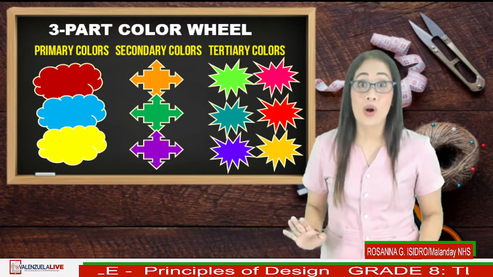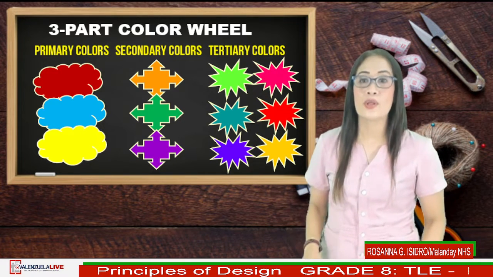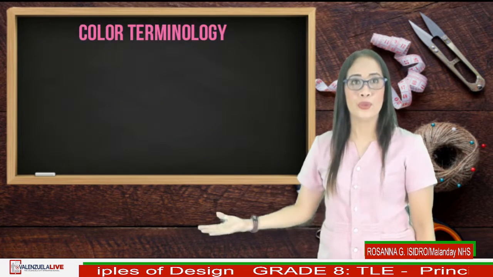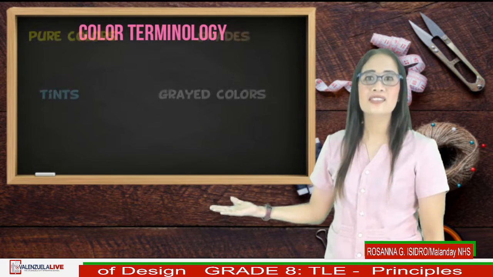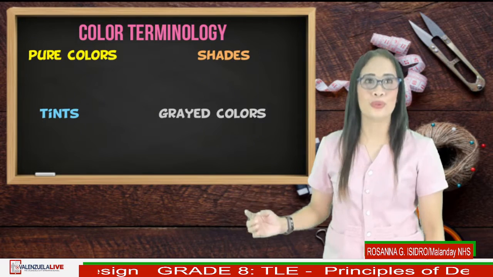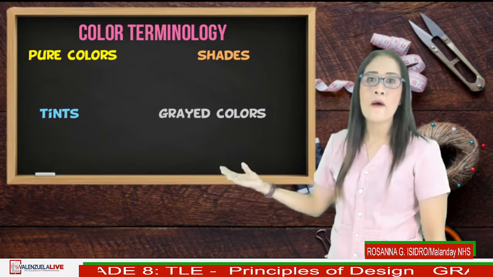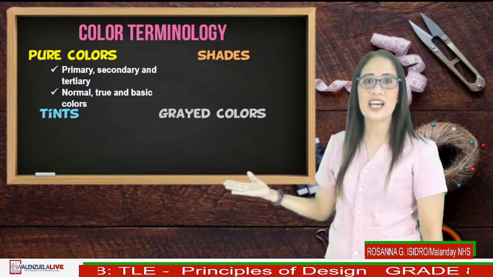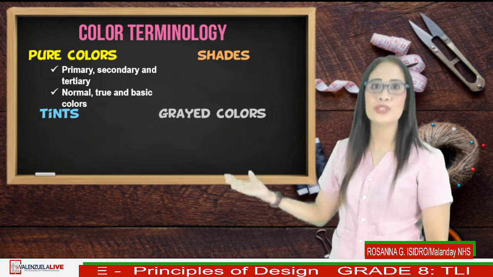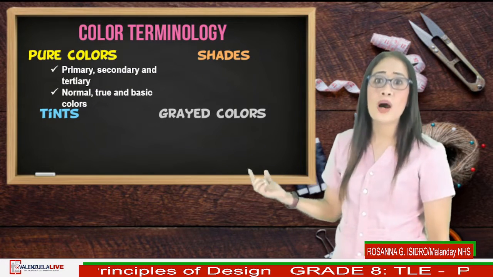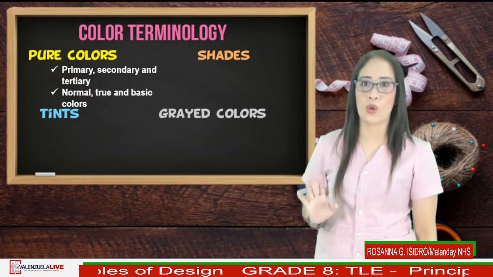Let's go to the color terminologies. There are four: pure colors, tints, shades, and gray colors. Pure colors are primary, secondary, and tertiary colors, the normal, true, and basic colors.